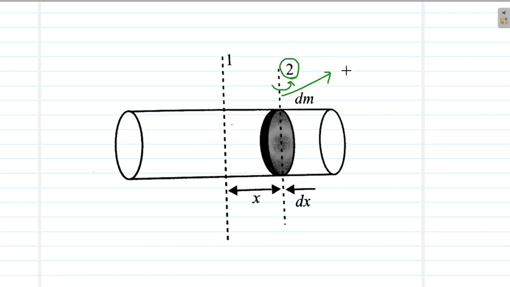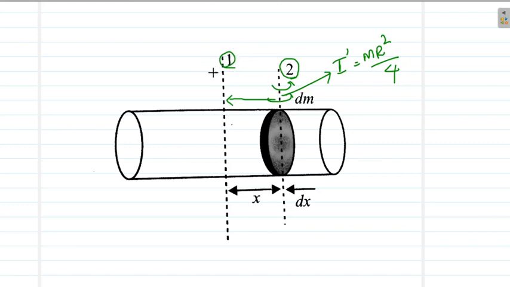In that particular case, the moment of inertia is given by m r square by 4. That is when a disc is executing rotational motion about its diameter. Now the same disc is executing rotational motion about another axis, which is axis number 1, and we have to calculate that moment of inertia.